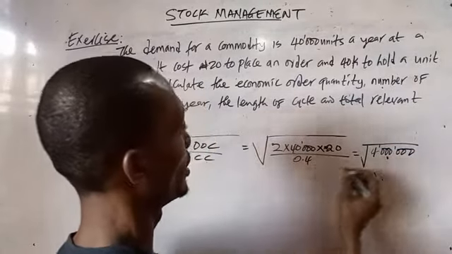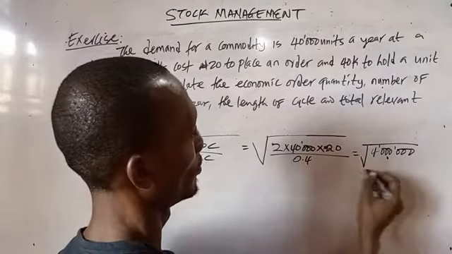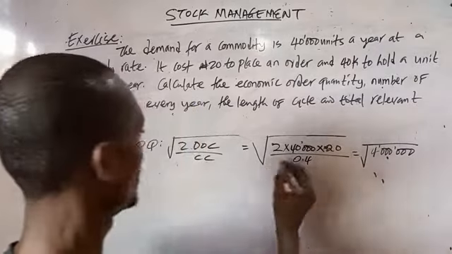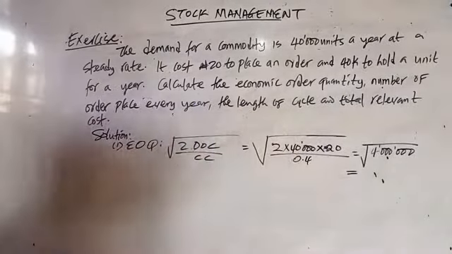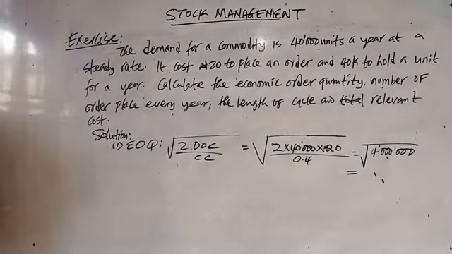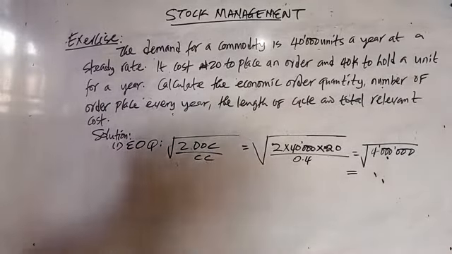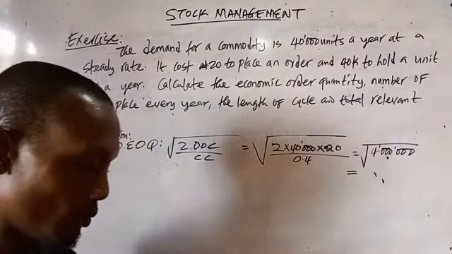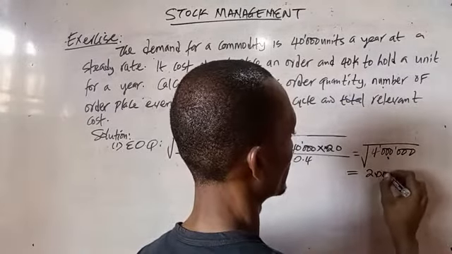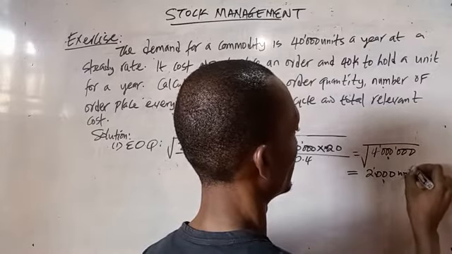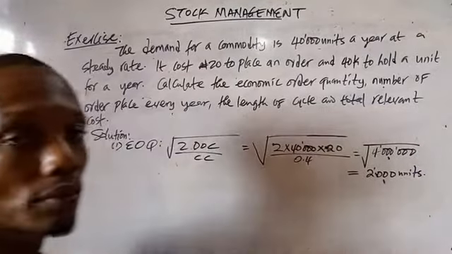The square root of 4 million is our final solution here. That's 2,000. It is equal to 2,000 units. So this is our EOQ.